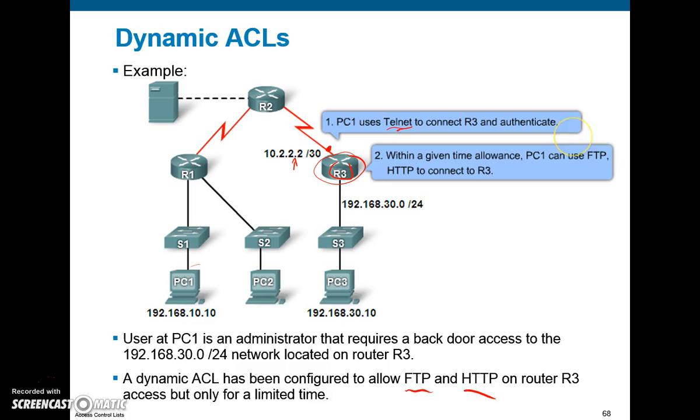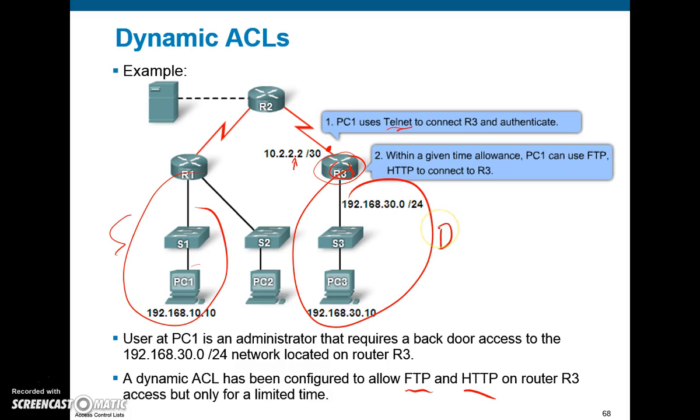Back to the diagram, it will allow this network as a source to enter this network as the destination. By default, this access is not allowed until a dynamic ACL is created and activated through the telnet connection. Then PC1 will be able to access PC3.